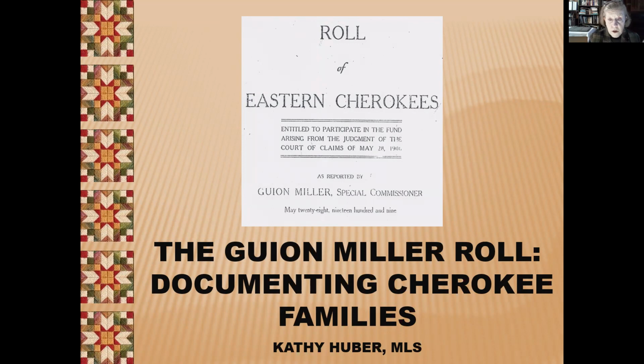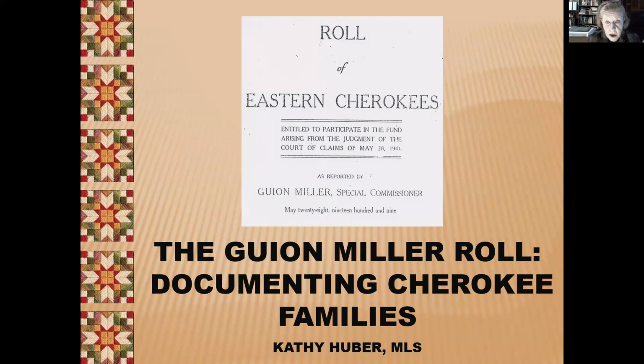So just briefly, and you probably know a lot of this, but sometimes we don't think about things as we're using them. A lot of times with these rolls, you have to know why the roll was taken to begin with. What was the purpose behind the roll?